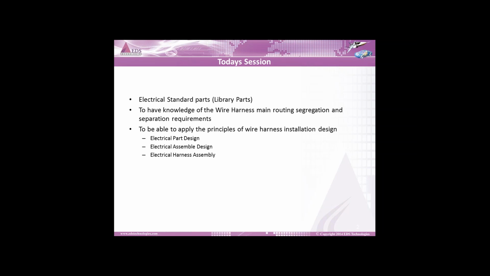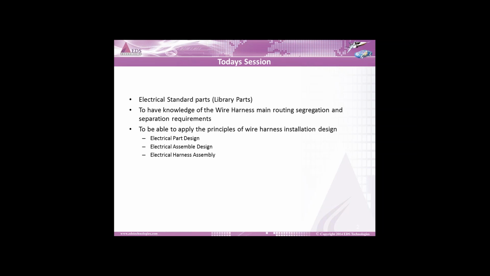Then we'll cover the electrical categories for electrical part design, electrical assembly design, and electrical harness. I'll be doing this PPT and demo in parallel so that you can correlate your learnings and observations.